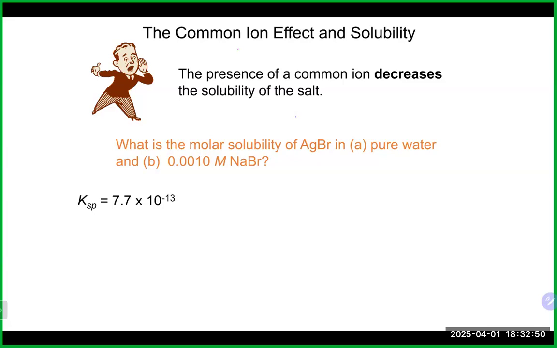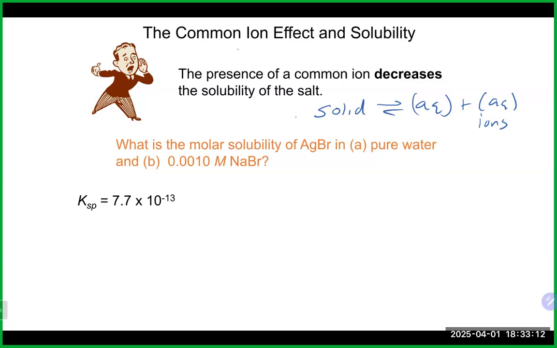If we think about it logically in terms of how the reaction is written, we have our solid on the left and our aqueous ions on the right. If I had a common ion in here, which side of the equation would it be on, left or right?